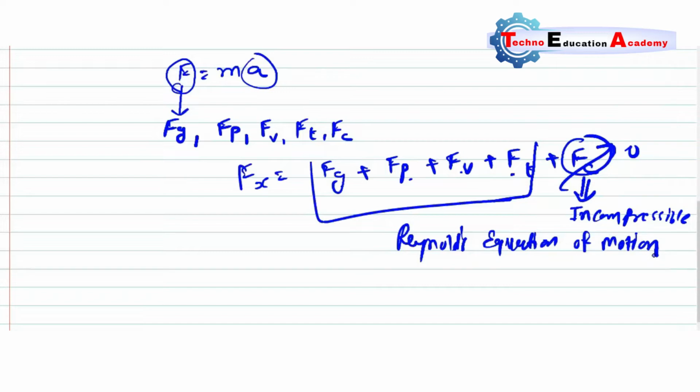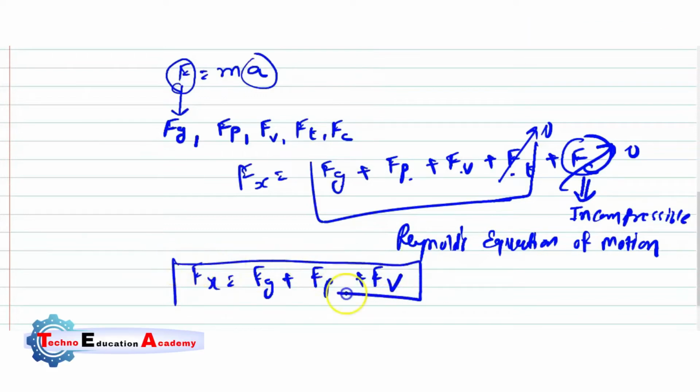Now further we find out the Navier-Stokes equation. It means here we can neglect the turbulent force, so we get Fx is equal to gravity force plus pressure force plus viscous force only.